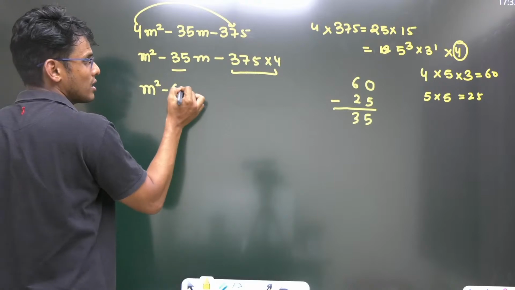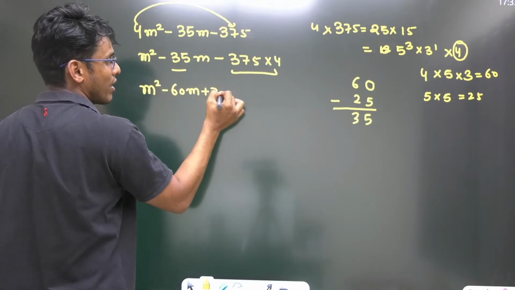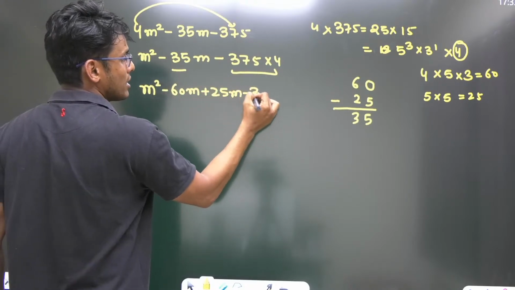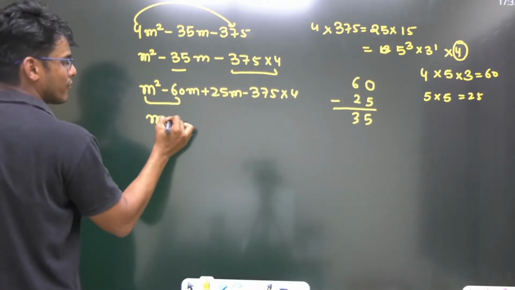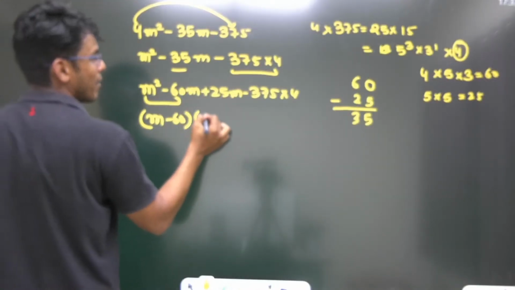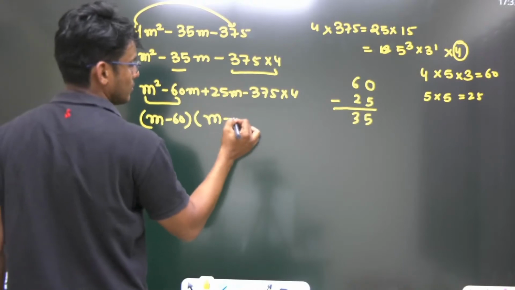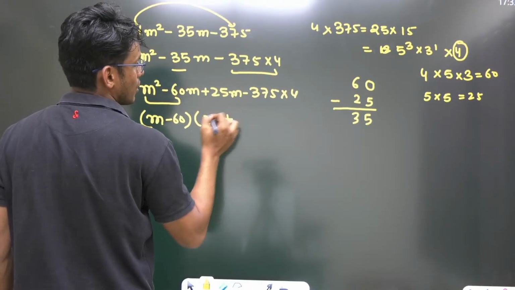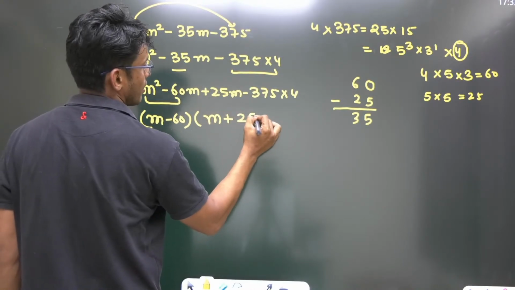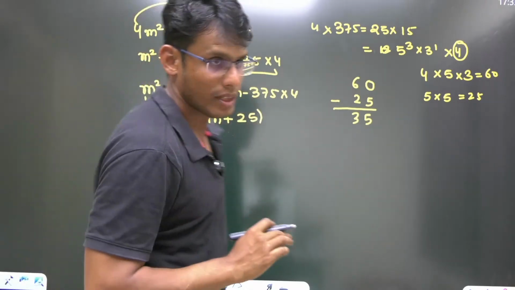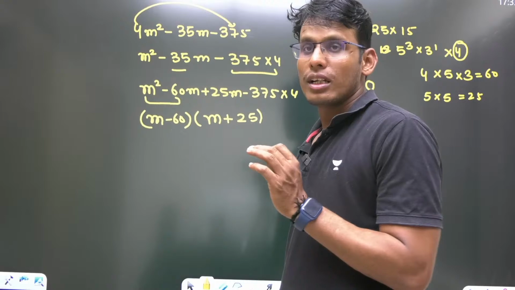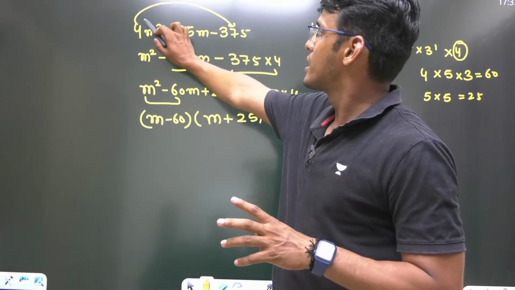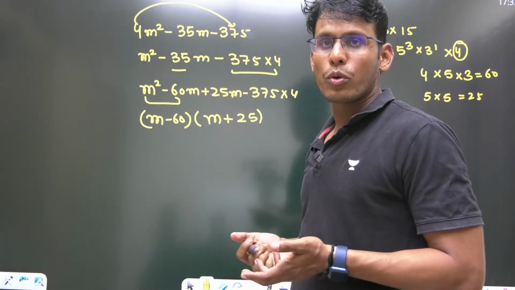Now we'll have to do a final adjustment also. m square minus 60m plus 25m minus 375 times 4. So you have m minus 60 here, and m plus 25 here. Got it? But you made a mistake here by multiplying 4. You cannot multiply 4 here, right?